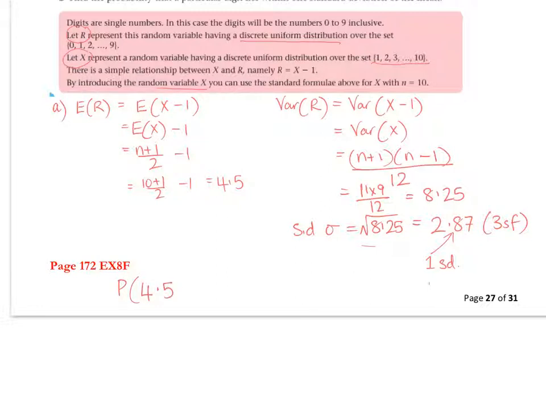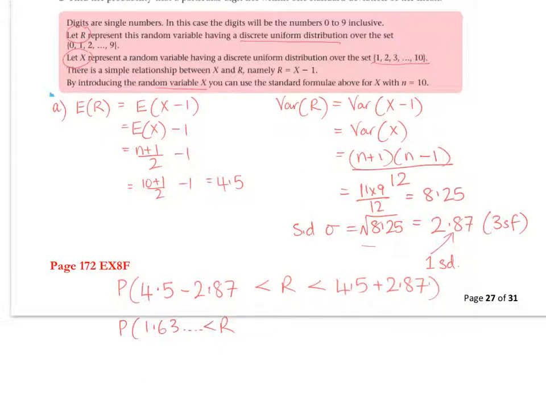So that's 4.5 minus 2.87. So that's the lower part. And that means that r has to be in that, or 4.5, add a standard deviation. So within one standard deviation means one below. So this is the standard deviation below, and this is standard deviation above. That means it's the probability of 1.63 and so on.